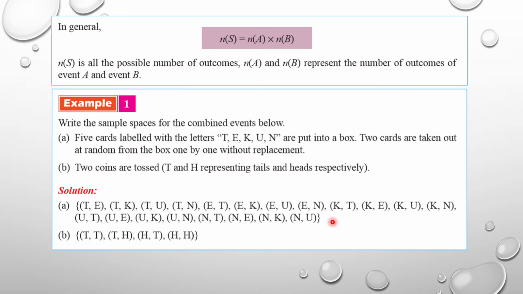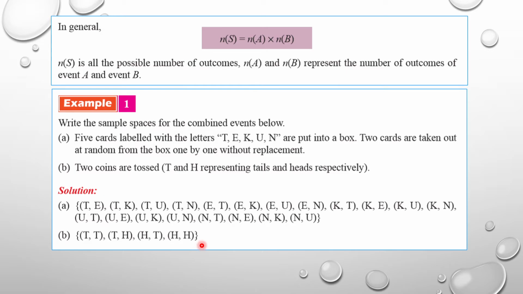Okay, next. Question B. 2 coins are tossed. T and H representing tails and heads respectively. So for the first coin, you have 2 possible outcomes.